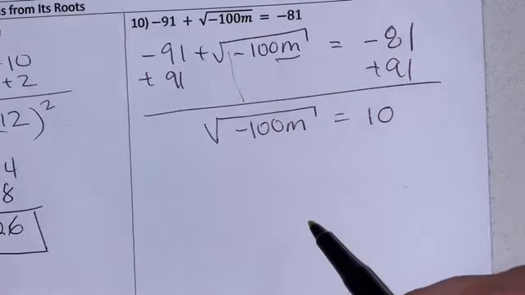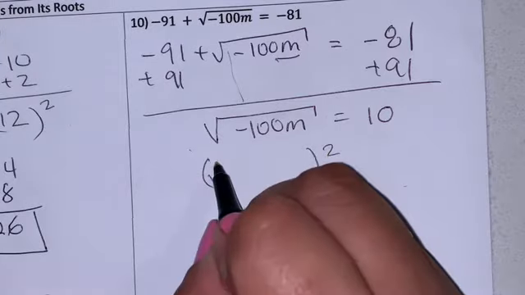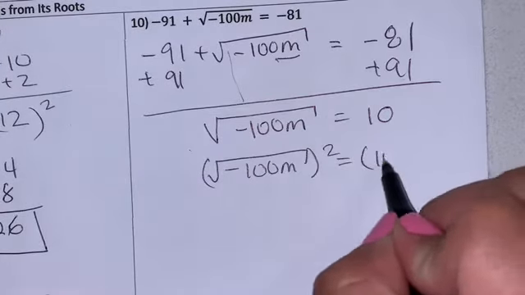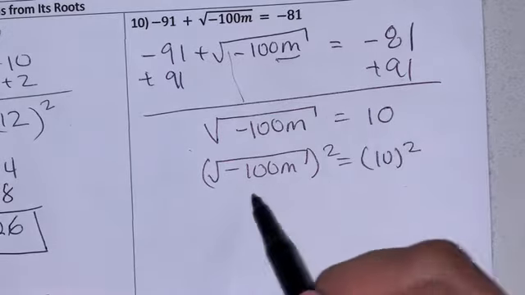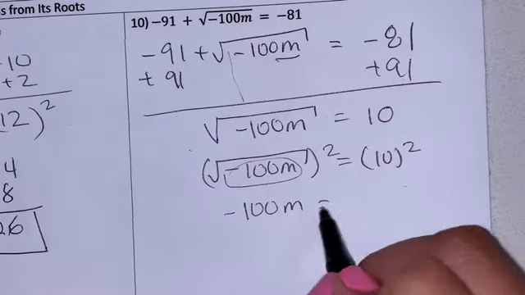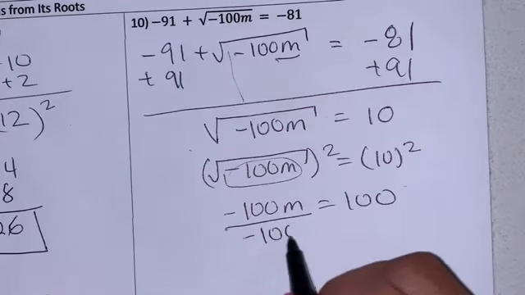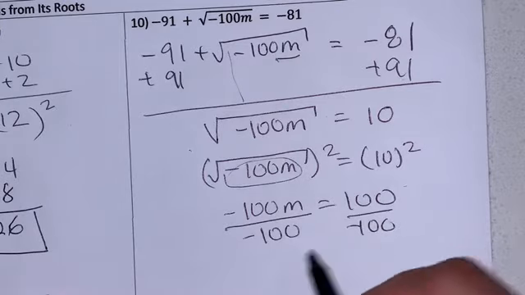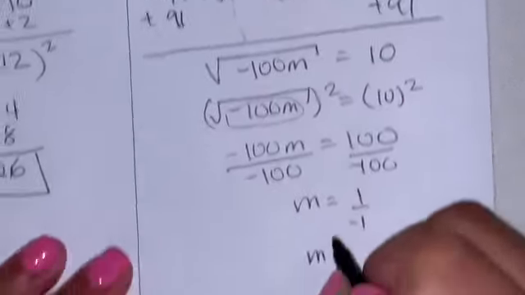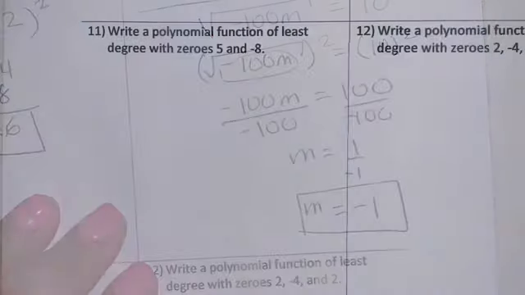And then we have to square both sides. So then I get what's underneath here only. So a negative 100 m equals 100. I have to divide both sides by negative 100. M equals 1 over negative 1. M equals negative 1.